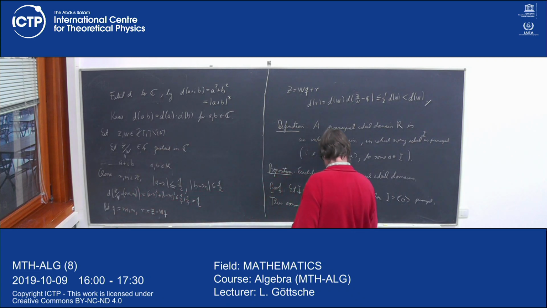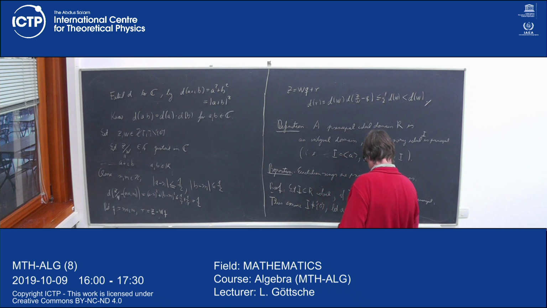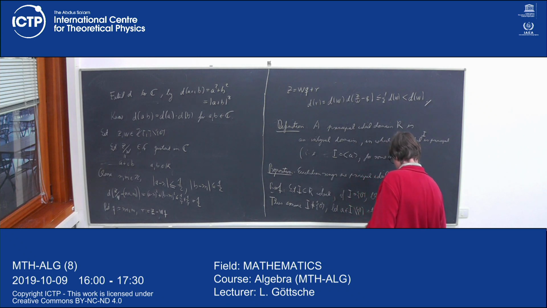So let A in I be a non-zero element such that d of A is equal to the minimum over all the numbers d of B, where B runs over the non-zero elements of I.